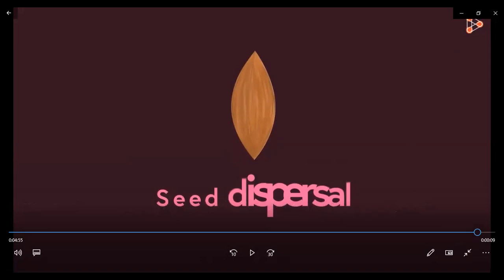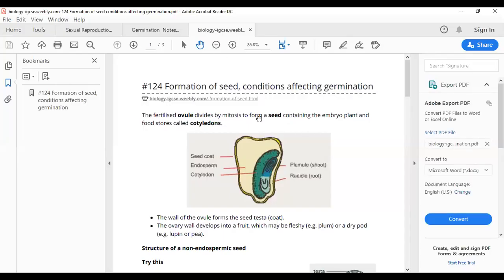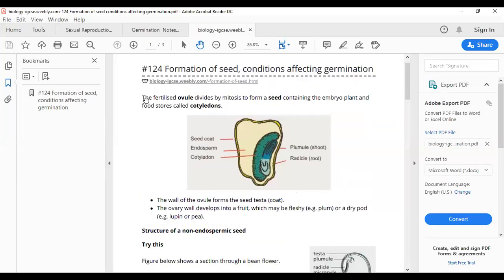Now, let's discuss the notes for the formation of a seed, which is the next step in the process where we're at now. So it says here that a fertilized ovule will divide by mitosis to form a seed, which contains the embryo plant and food stores called cotyledons.